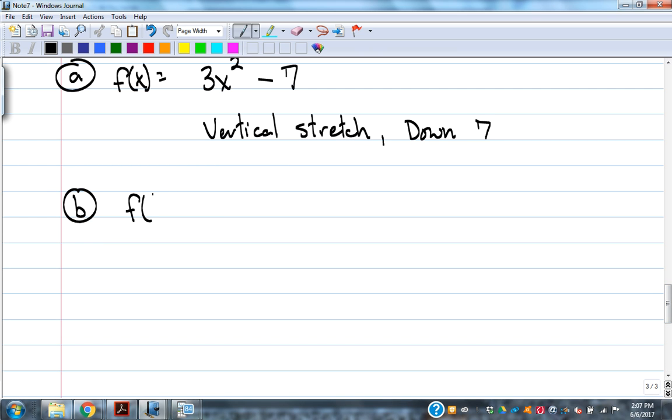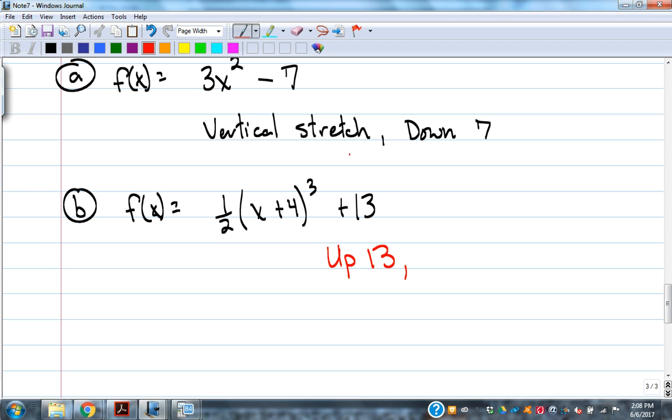Say we had this function, 1/2 (x plus 4) cubed plus 13. What does the plus 13 do? It's a plus 13. It's on the outside, so that's going to move it up 13 units.